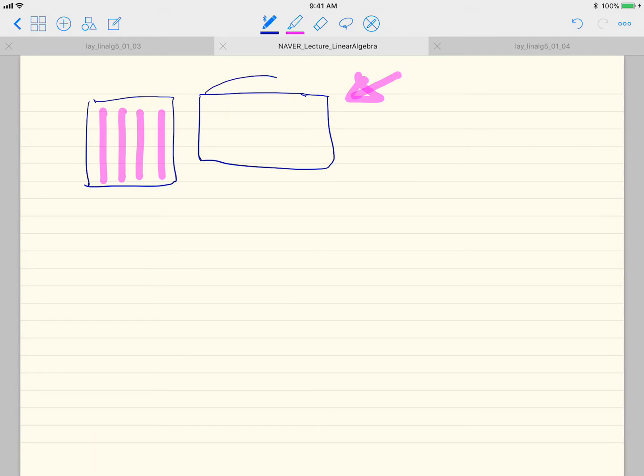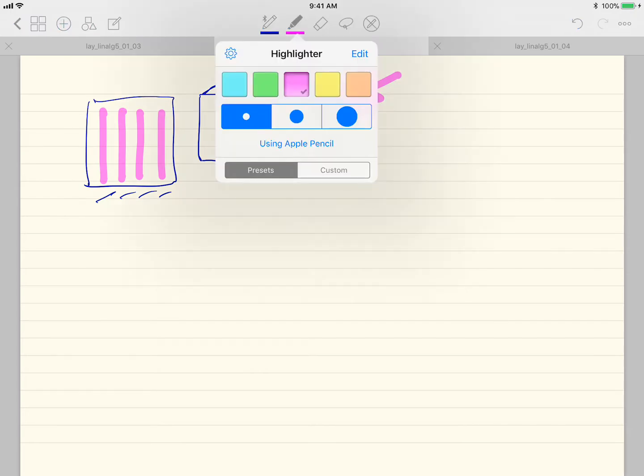So we have a freedom to choose this size. So we can have maybe 100 columns on the right matrix, but in terms of rows, the number of rows should match the number of linear combination coefficients that are given here, right? So we should have 4 numbers, right?